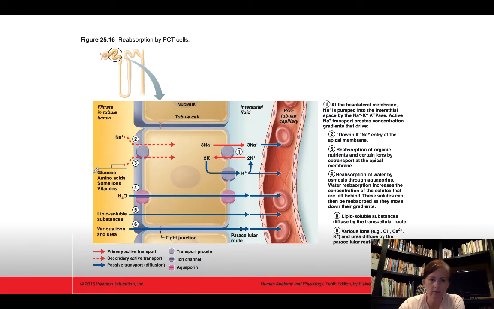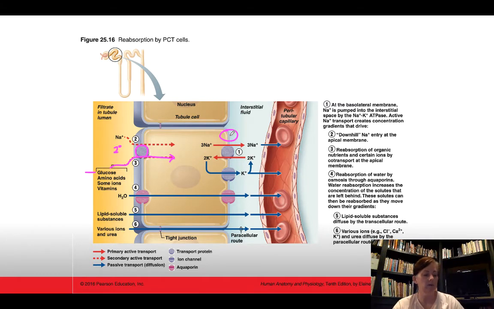So here's our glucose. And here it is, and we know that this entry at the apical membrane is paired with sodium, and that's our secondary active transport. Then once it gets into the cell, they don't really show it on the basolateral membrane, but we're going to have another transport protein here, because facilitated diffusion does require a transport protein.